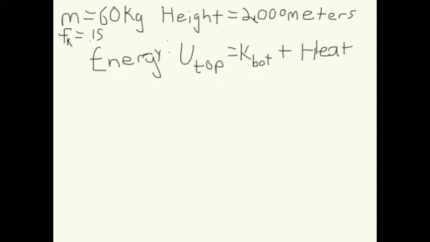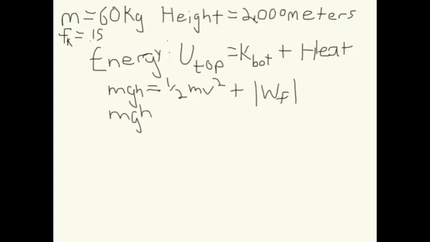Now, his gravitational potential energy at the top, as we know, is mgh. I will substitute the numbers in later. Set that equal to 1/2 mv squared, which is the formula for kinetic energy, plus the absolute value of the work of friction, which is heat. And so, one more substitution before we plug in the numbers.